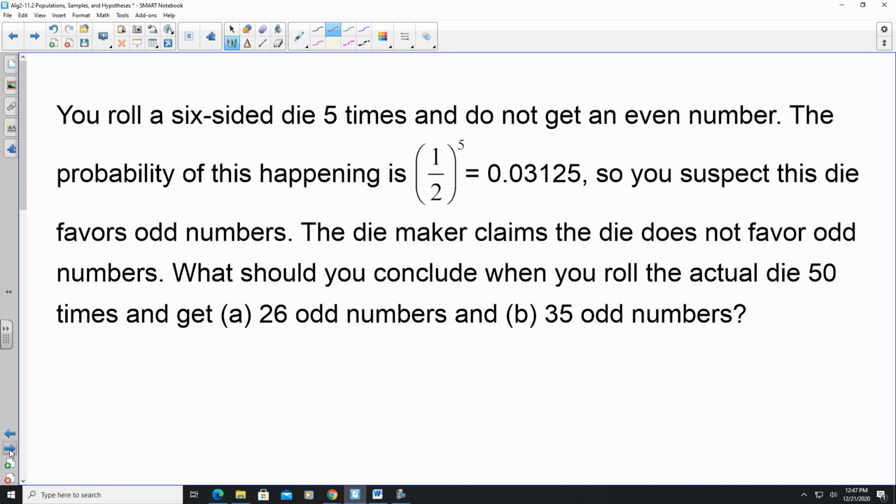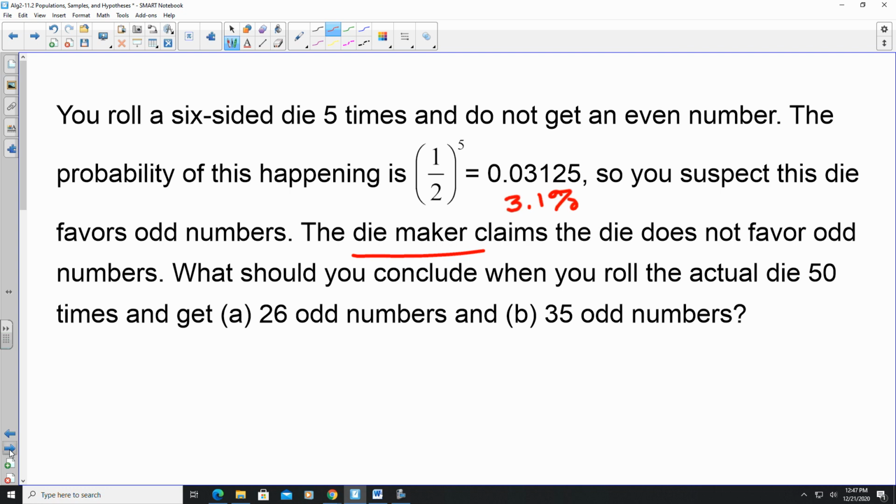So it's about a 3.1% chance of this happening. So you suspect that this die favors odd numbers. The die maker claims the die does not favor odd numbers.